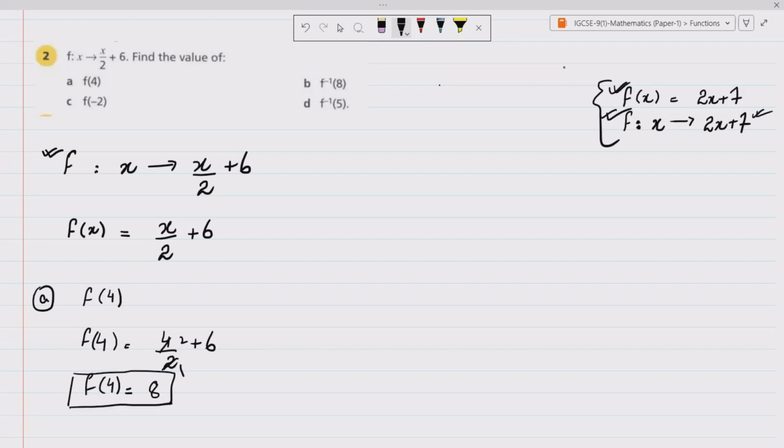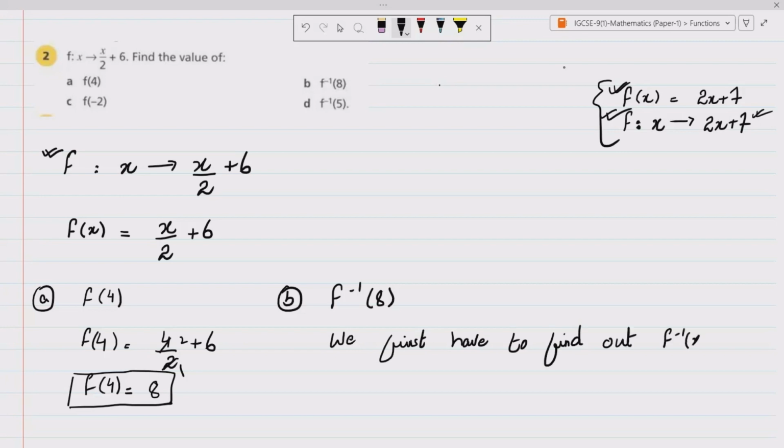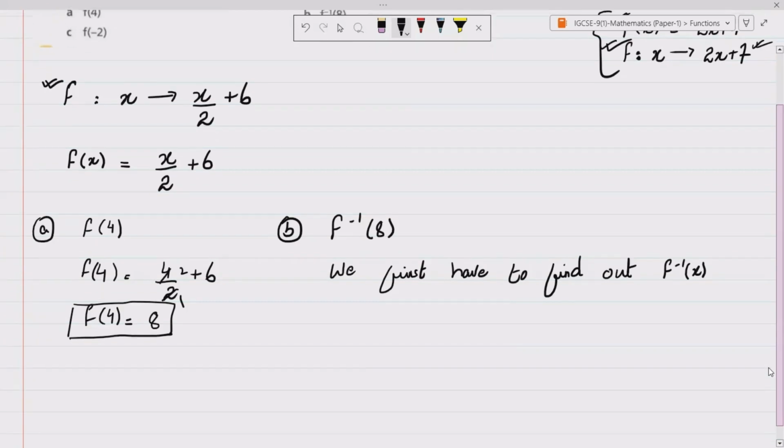In part B, they ask us about f inverse of it. Now we don't have the inverse function in which we have to put it. So for part B, we first have to find f inverse of x, and then we put it in.